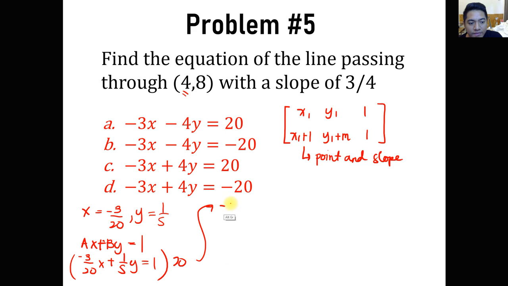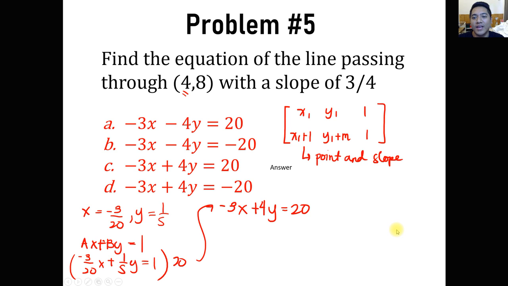So you have negative 3x plus, 20 divided by 5 is 4, y equals 20. So negative 3x plus 4y equals 20. And that should be the answer. We have to look at the choices, and that is the answer, letter C.